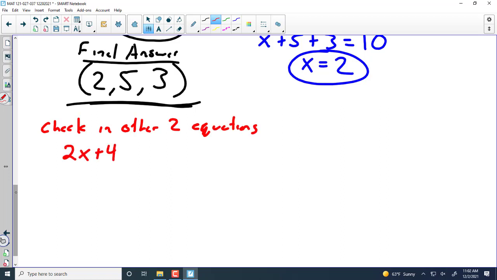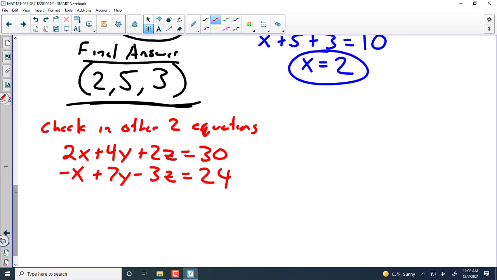When you're doing the homework, I know at this point you type in the answer, you hold your breath, and you hit check answer because you just want to be done with this problem, never look at it again. But definitely when you're in a testing situation, you got a lot riding on it, go ahead and you plug 2, 5, and 3 into these and make sure it works.